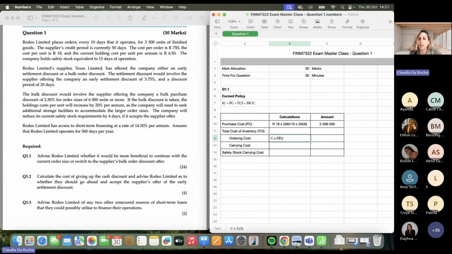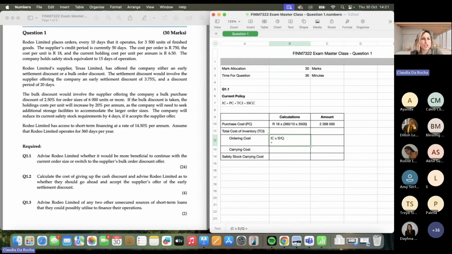Our formula for ordering cost is our cost per order times the annual demand divided by Q. So then I have to go into this question and find my cost per order, which is the 750. Here they said cost per order is 750.